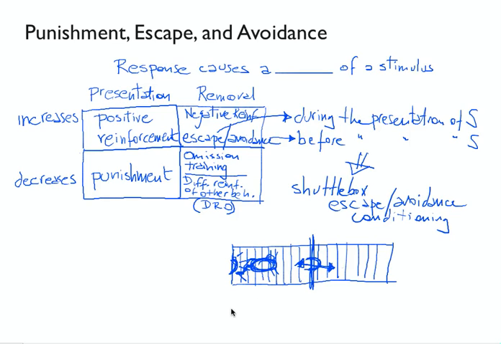So it serves as a warning signal to the animal that foot shock is about to happen. And so now the animal can avoid foot shock by moving to the opposite side of the chamber when the light is on. Right?